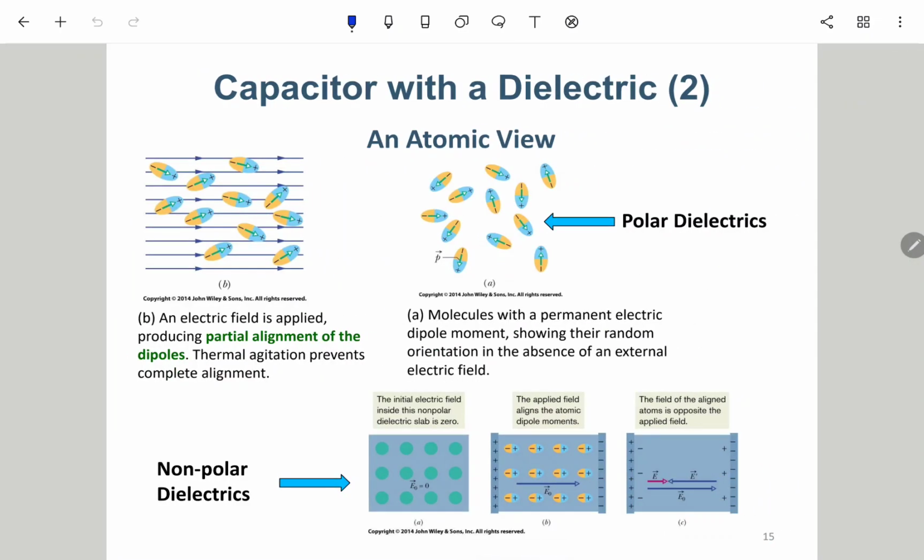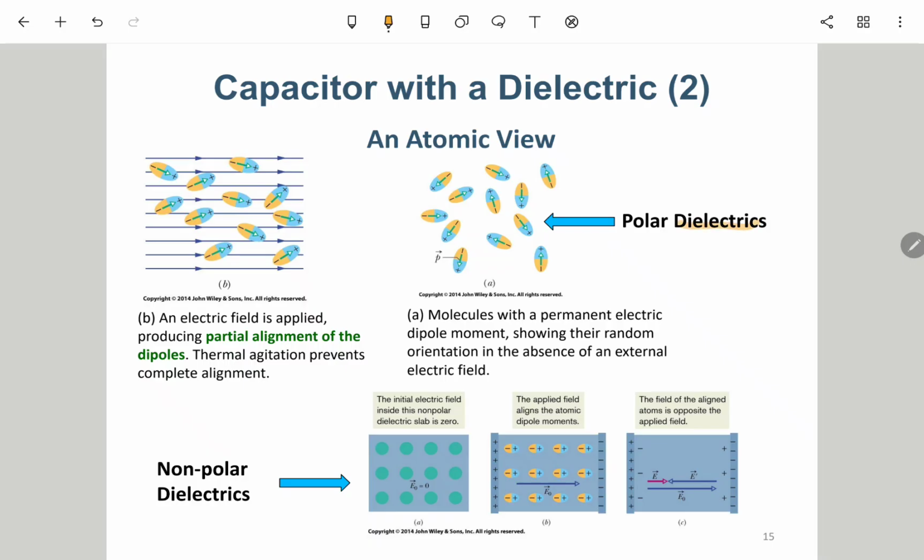Here we slightly talk about some hardcore physics. What is the dielectric? A dielectric has quite a lot of dipoles.